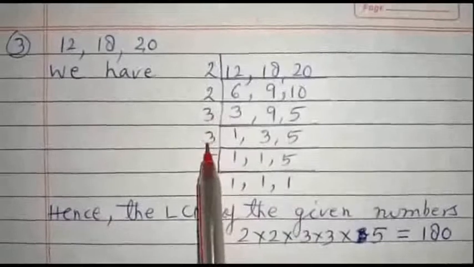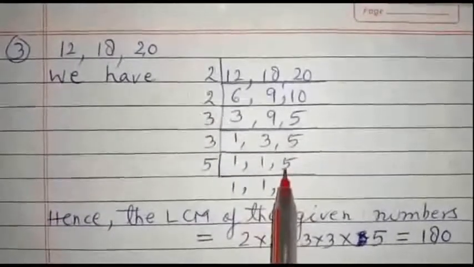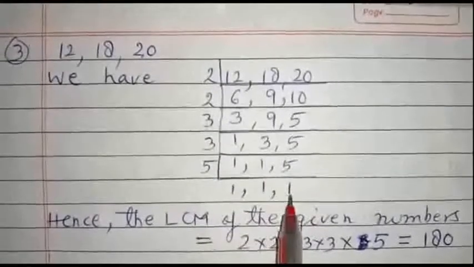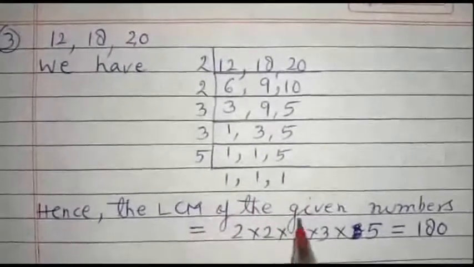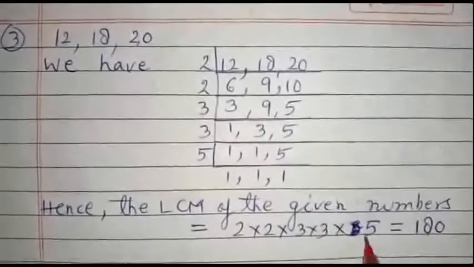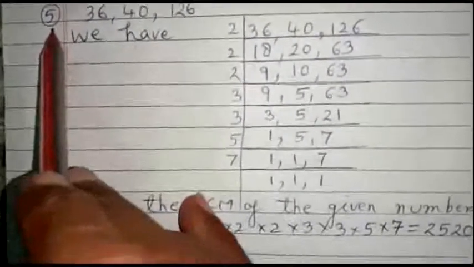Now we choose 3, then 1, 1. Now 5 is not divided by 3, so we will write 5. Then we write here 5, 1, 1 and 1. Hence the LCM of the given numbers will be 2 into 2 into 3 into 3 into 5. We will get 180. Now we are moving to question number 5.